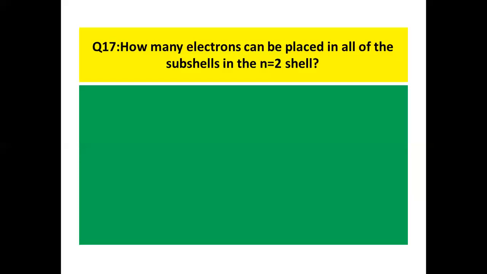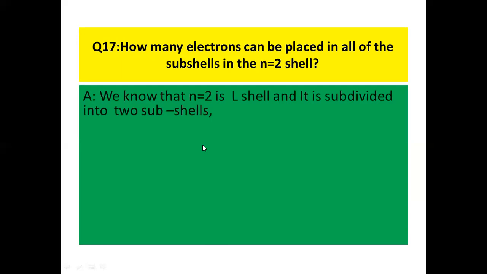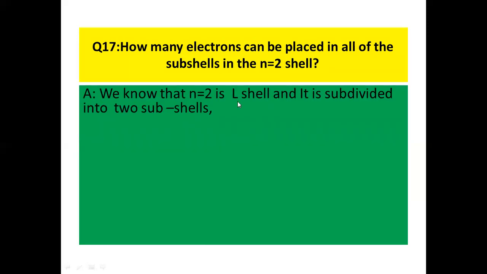Question number 17. How many electrons can be placed in all of the subshells in the n equal to 2 shell? n equal to 2 means the second shell, and the second shell is also called the L shell, and the L shell is subdivided into two subshells.